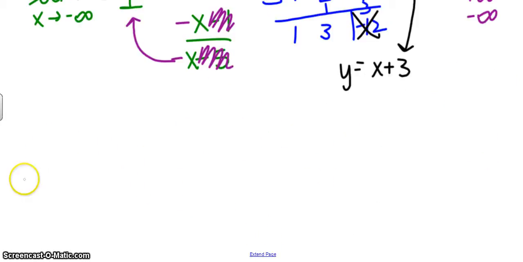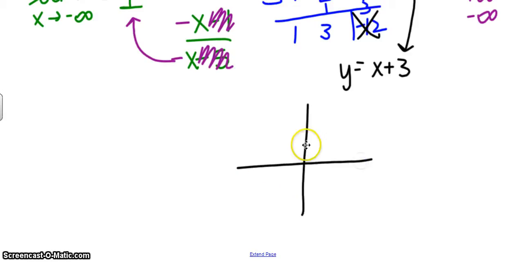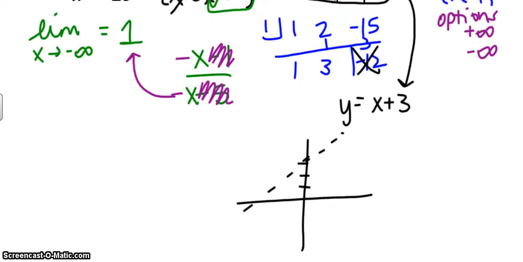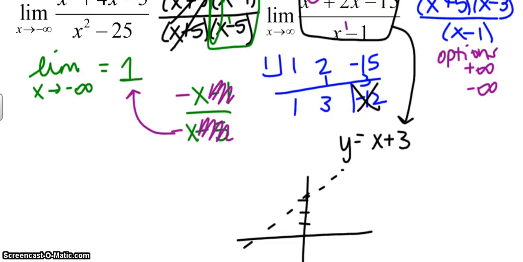The line y equals x plus 3 is a line that's been shifted up 3. So as my x goes to infinity, my y value is going to be following along this line, and it's also going to be going to infinity.